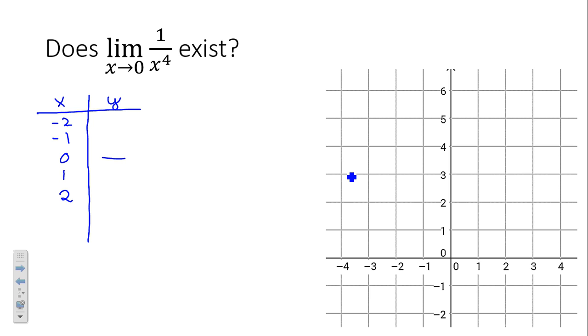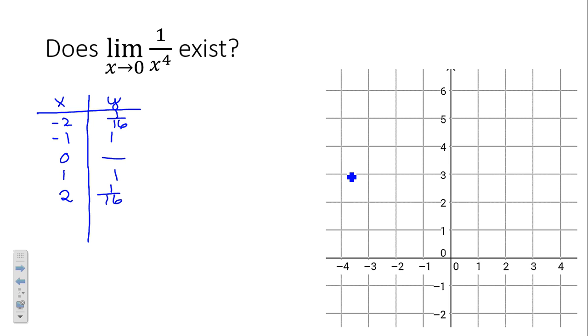So if we take 1 over -2 to the 4th, 2 times 2 is 4, times 2 is 8, times 2 is 16. So +1 over 16. Okay, what if it's -1? +1, right? Okay, what if it is a +1? And what if it's 2?